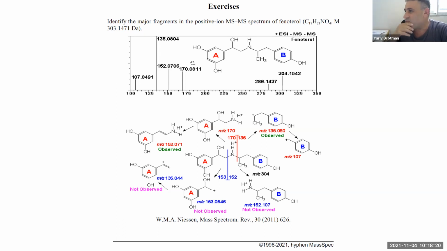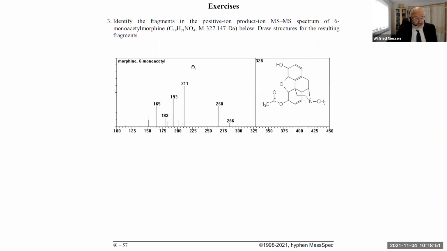The question is if it's common that we can. No. If you work on an Orbitrap, or with a modern QTOF, you should be able to get it within 3 millidalton. Okay. Thank you. And if not, then you have to talk to the instrument manufacturer, because then there's something wrong with the instrument.